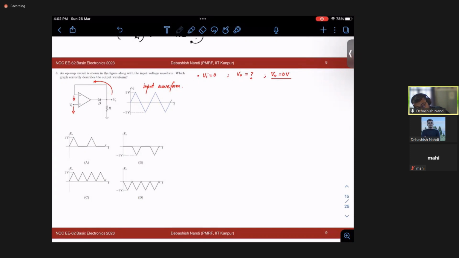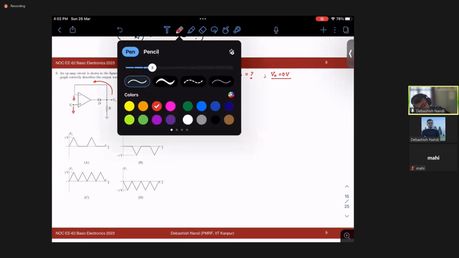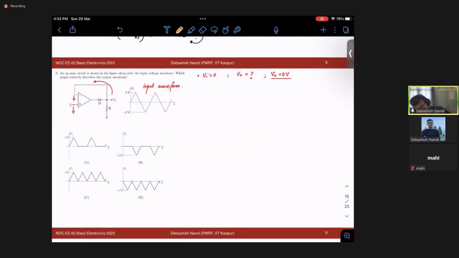Now let me apply a positive voltage when I am at the positive cycle, right? When I am at this cycle. When I am just putting some positive excursion, what is happening to the VD?